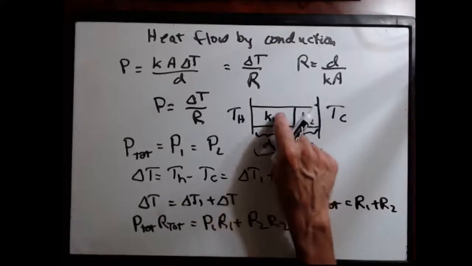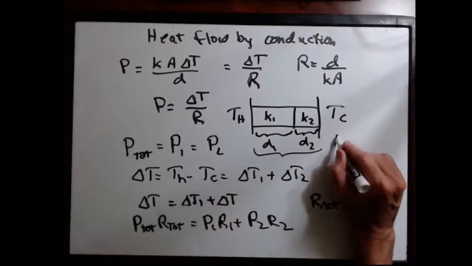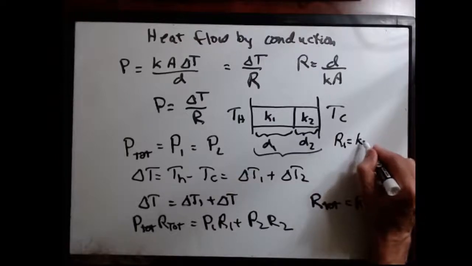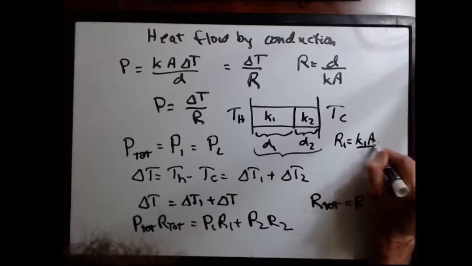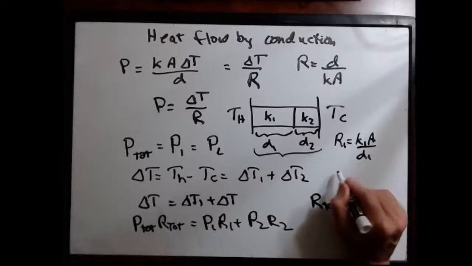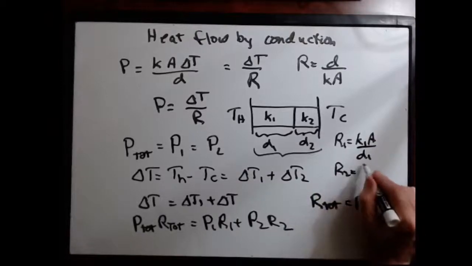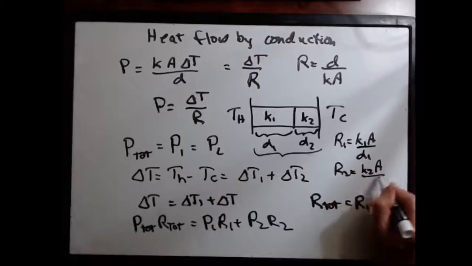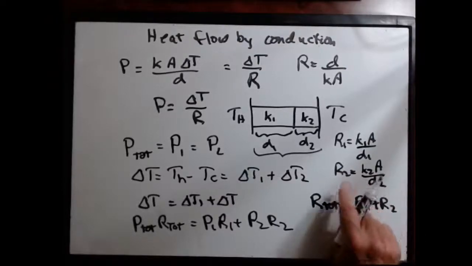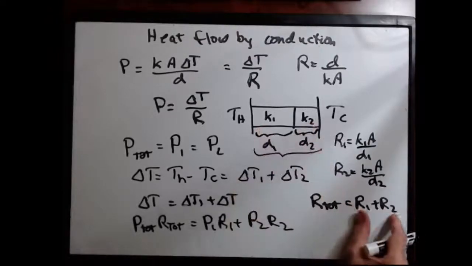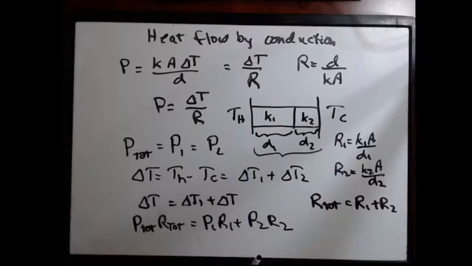So if I determine the resistance of this one, R1 is equal to D1 over K1 A, and R2 is equal to D2 over K2 A, then the total resistance of these two is just the sum of those two resistors.